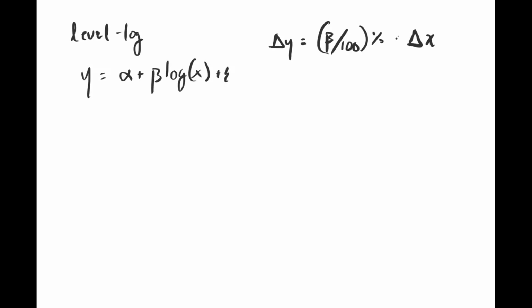So as x increases by 1%, y increases by beta over 100. This is the converse of what we were saying in the log level one. Now you increase your explanatory variable by a percentage, and it creates unit changes in y.